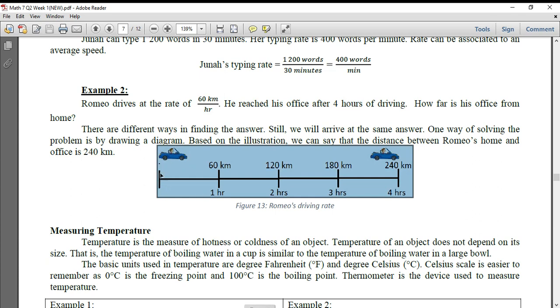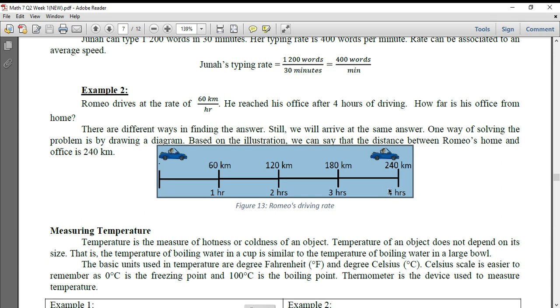Okay? So, kung nag-umpisa siya rito, so that's the initial, that's 0. Then after 1 hour, naka 60 kilometers na siya. And another 1 hour, so that's 120 kilometers. Another 1 hour is 180 kilometers. Then another 60 for 1 hour, so that's 240 kilometers.